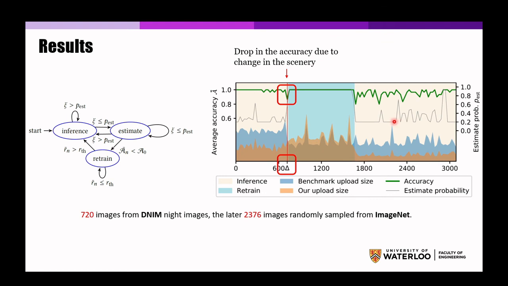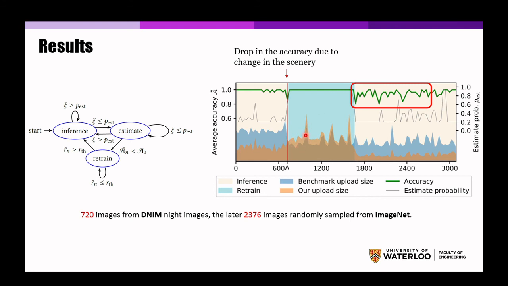AdaCompression starts to retrain to adapt the RL agent to the current change in the input images. The retrain steps are shown in this area, and AdaCompression always uses the reference image and the compressed image in the retrain stage.